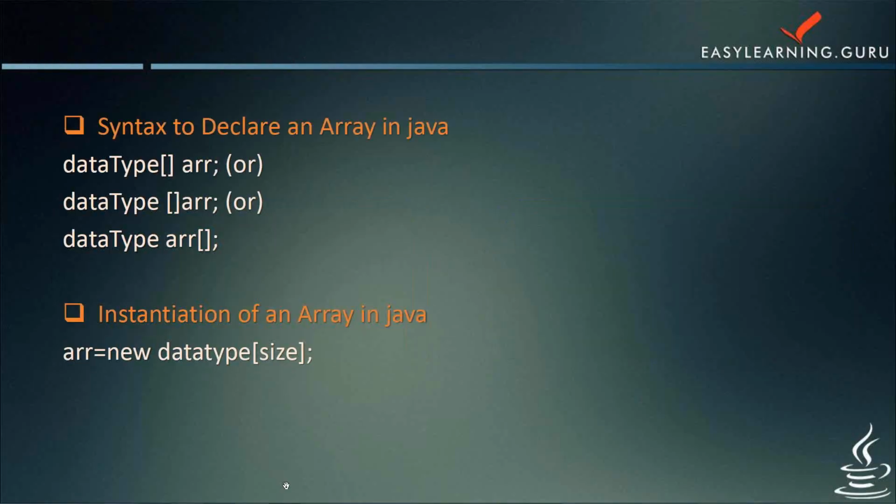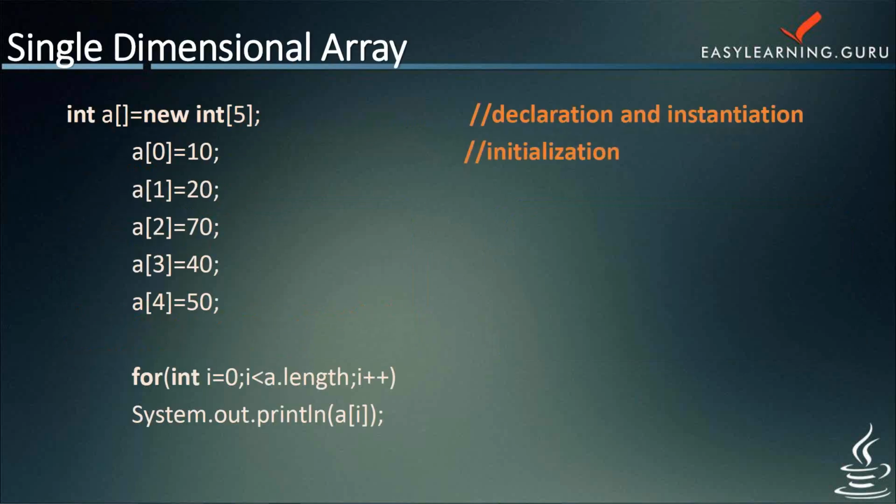Now we've already seen the syntax to declare an array in Java and how to instantiate that array in Java. So now I'll move on with the single dimensional array. As you can see, in this also I have made a single dimension array of type int, which is taking 5 places.